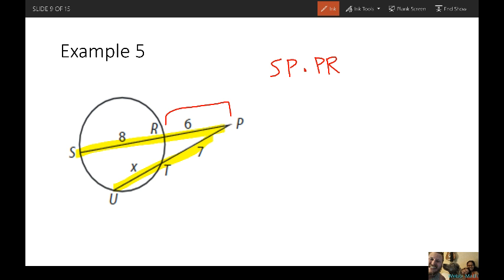His outer secant, equaling the other secant line, which is PU, times his exterior secant, which is PT. Let's go ahead and start substituting. SP is 8 plus 6, which is 14.